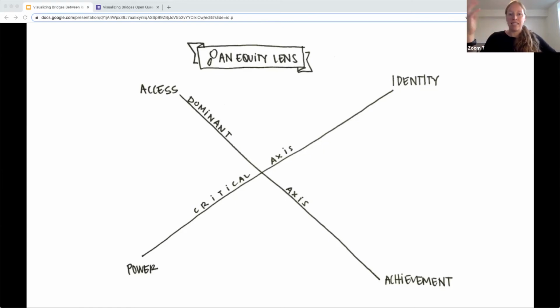When we think about identity, do all parties see themselves in the work? Can they see their role? Do they know what their role is? Achievement, are all the incentives aligned? And then power, what are the factors at play, but they're non-material, that prevent true collaboration? So this dominant axis holds the tangible, while the critical axis holds the intangible. But all four of them must be addressed to truly bridge the divide.